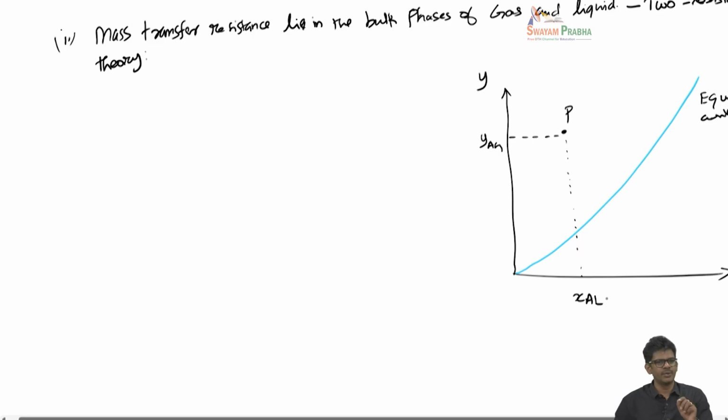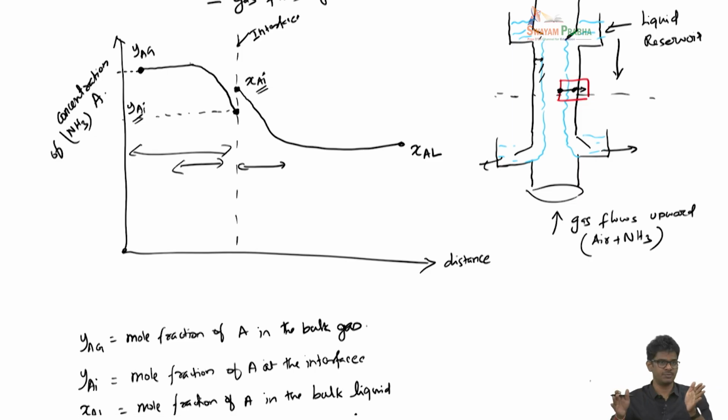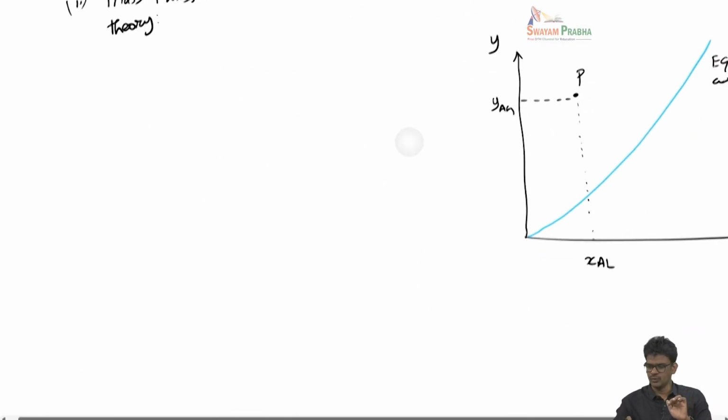Remember, what I'm trying to do here is plot two different things. In here, I showed how concentration varies when you go from bulk gas to bulk liquid across the interface at a given location of the instrument. Now, at the same location, I am plotting the concentration of the bulk phases YAG and XAL along with the equilibrium curve, just to show the departure from equilibrium.